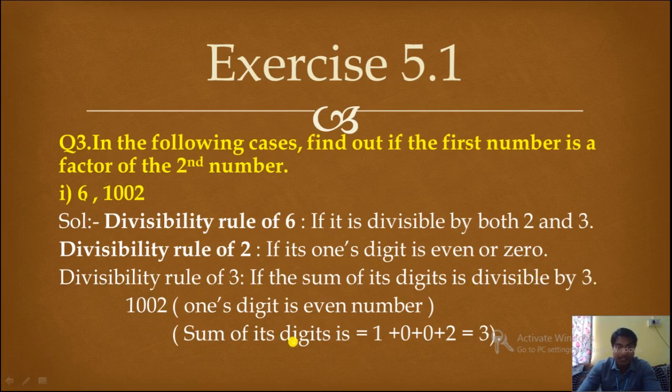So let's add the digits. 1 plus 0 plus 0 plus 2 is equal to 3, and 3 we can easily divide by 3. So this number is divisible by both 2 and 3, so we can say this number we can easily divide by 6. Understood?